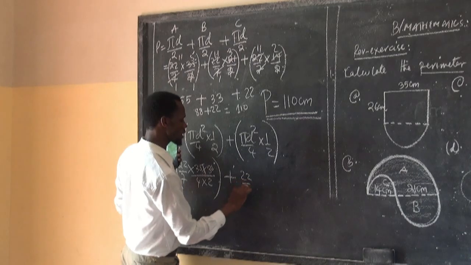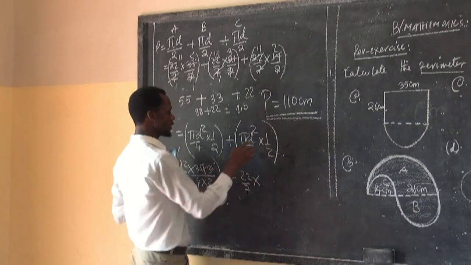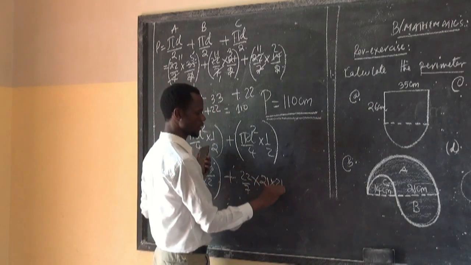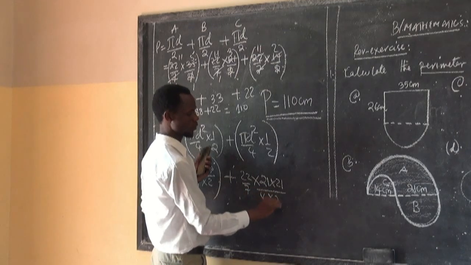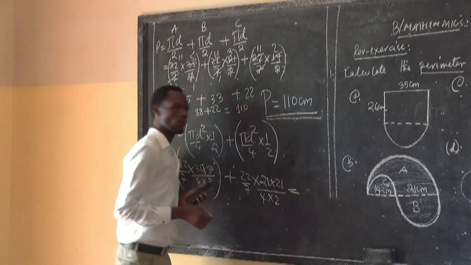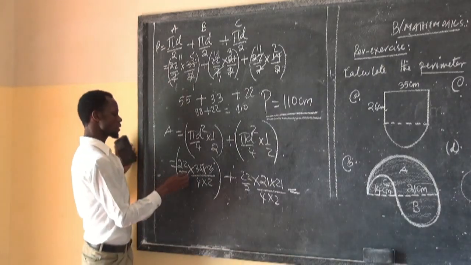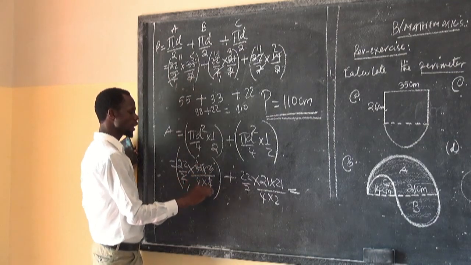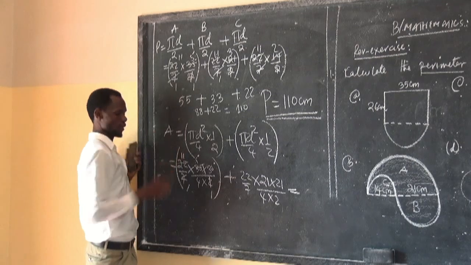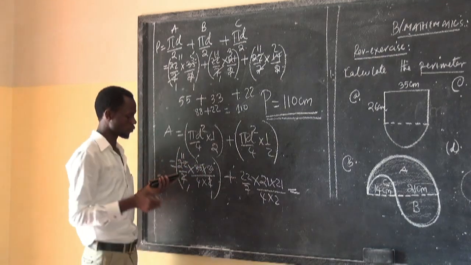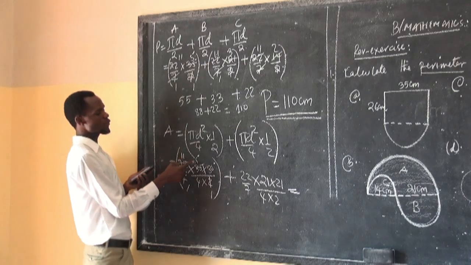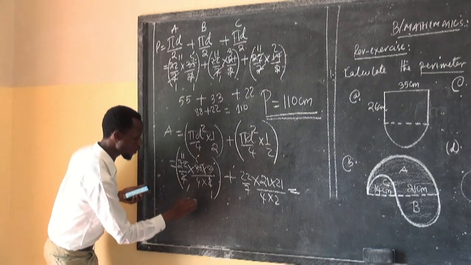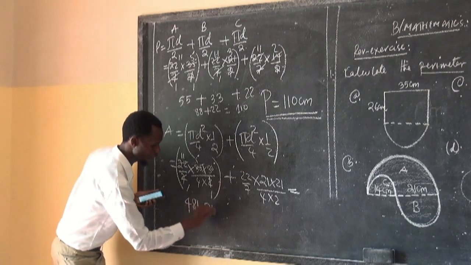Now, 22 over 7 times, then diameter is 21 times 21 again over 4 times 2. Which is equal to what? So, by 7 here, 1. By 7 here it is 5. Now by 2 here it is 1. By 2 here it is 11. Now 15 times 32. Then you have 11 times 5 times 35 divided by 4. You have 481.25.